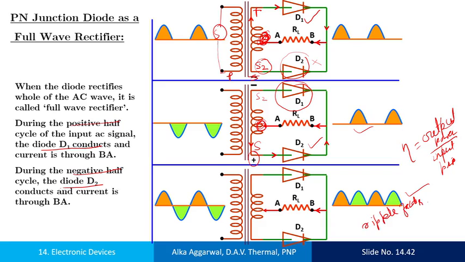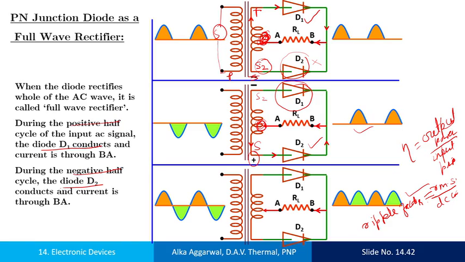Ripple factor measures the AC component of the output relative to the DC component of the output. Ripple factor is the ratio of the RMS value of AC component to the DC component.